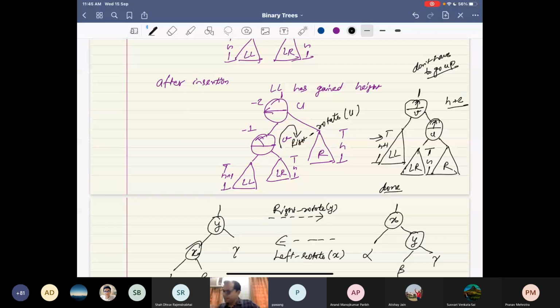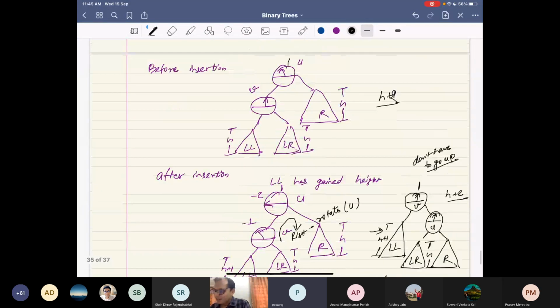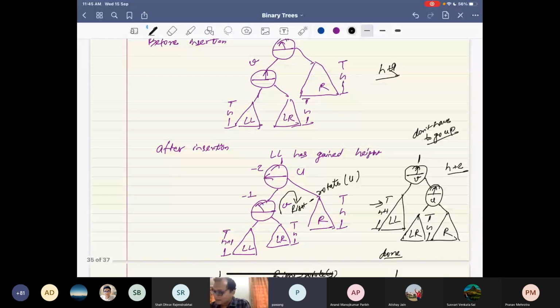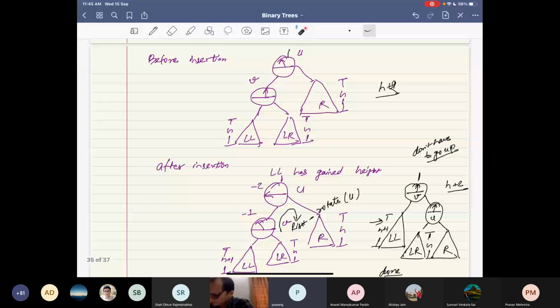Okay. Now quickly, let me tell you what is the other case, when you insert in the right subtree of v. So before insertion is this. After insertion, what will happen? Let me just put it here.